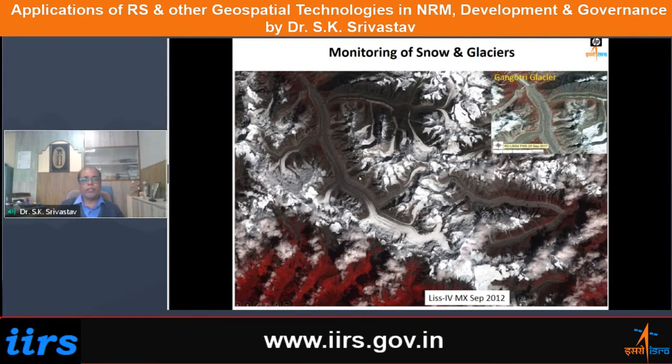The white color features are primarily snow cover, but at places, particularly on the southern side, you see a lot of cloud cover also. But between that cloud cover, based on the morphology or topographical behavior they exhibit, the snow cover can be differentiated very well from the clouds.